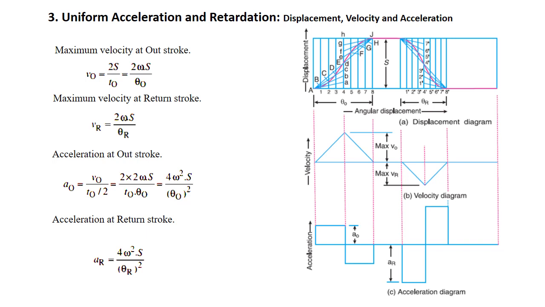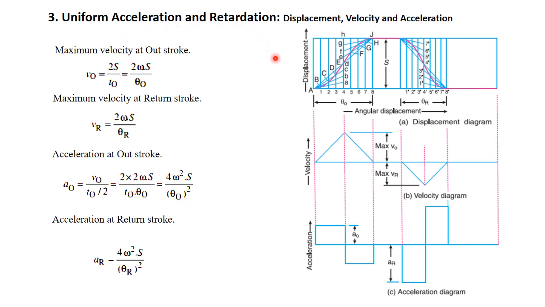The third type of motion which can be imparted to the follower through the cam is uniform acceleration and retardation type of motion. Now in this type, the acceleration and retardation are kept uniform.